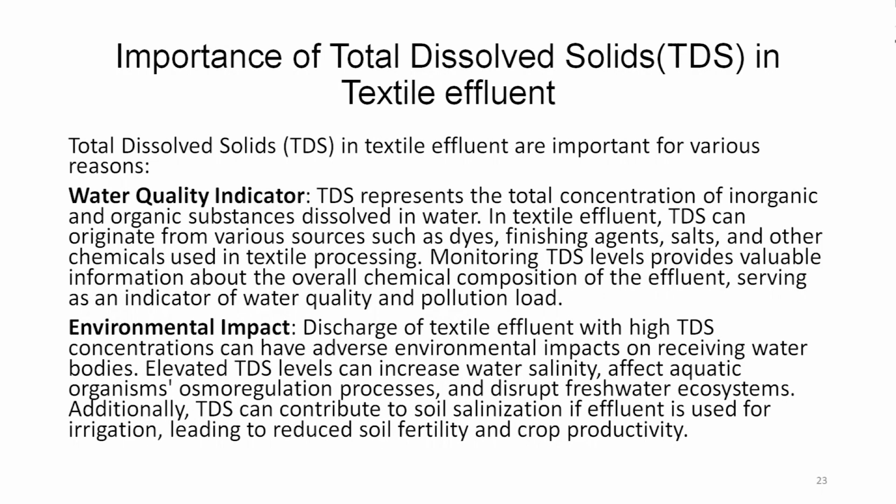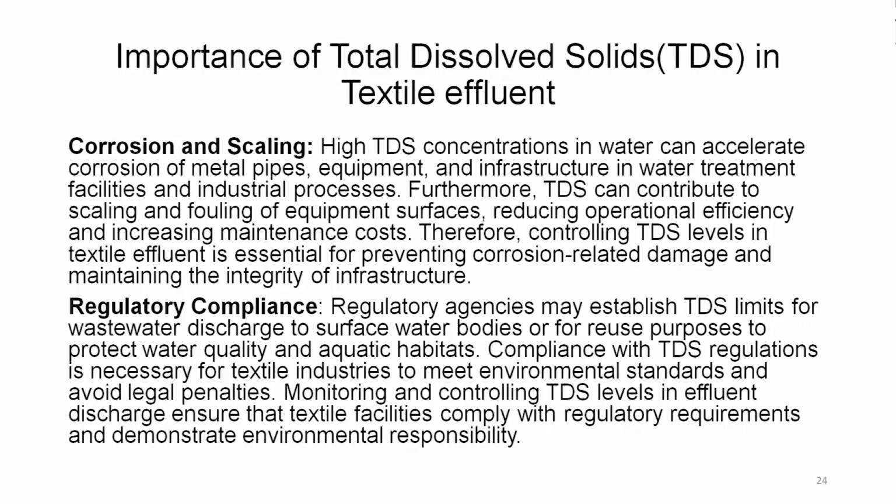Additionally, TDS can contribute to soil salination if effluent is used for irrigation, leading to reduced soil fertility and reduced crop productivity. So, it is a major issue that TDS also needs to be taken into account equally as the other parameters have been taken into.